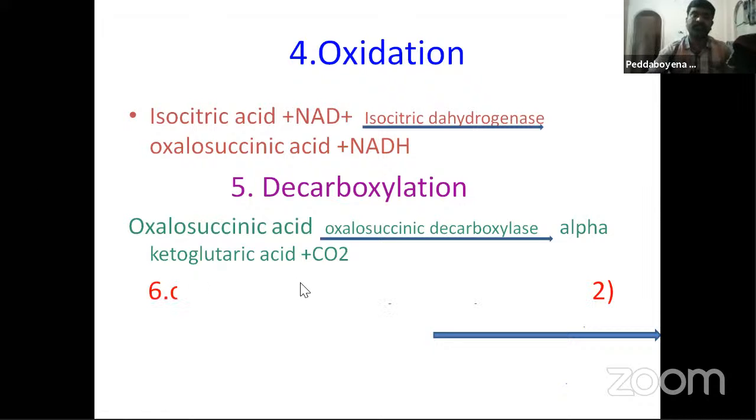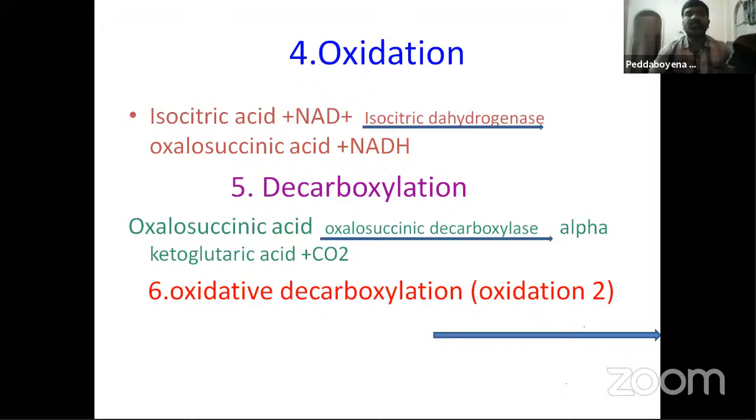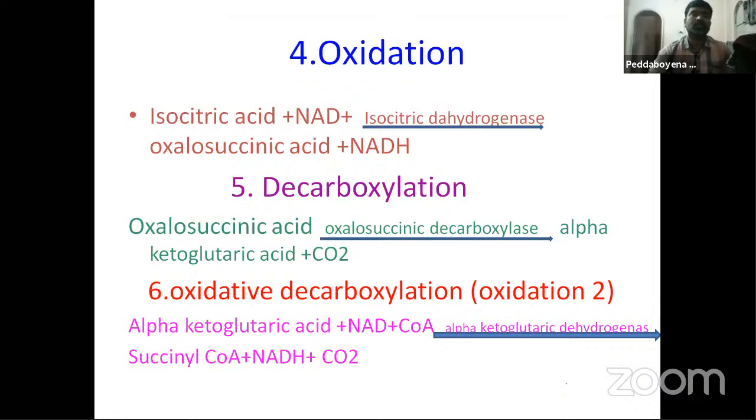Next is oxidative decarboxylation, also known as oxidation 2. Alpha ketoglutaric acid plus NAD plus coenzyme A, in the presence of alpha ketoglutarate dehydrogenase, forms succinyl coenzyme A, NADH plus CO2. This is the sixth reaction, oxidative decarboxylation or oxidation 2.